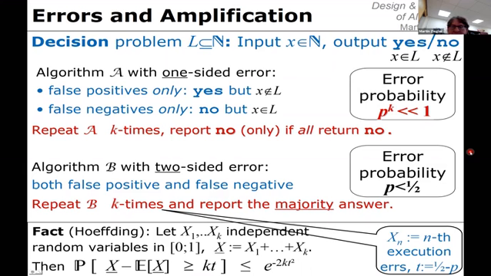The hypotheses are satisfied, and we're going to apply Hoeffding with the value t equals 1 over 2 minus p. Now recall that we have supposed that p is strictly less than 1 over 2. Therefore, 1 over 2 minus p is strictly positive.